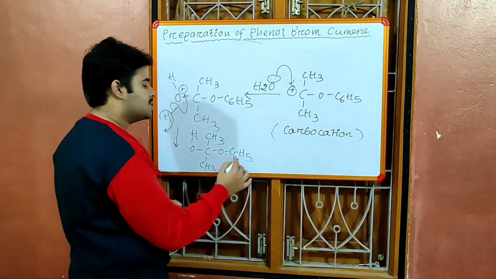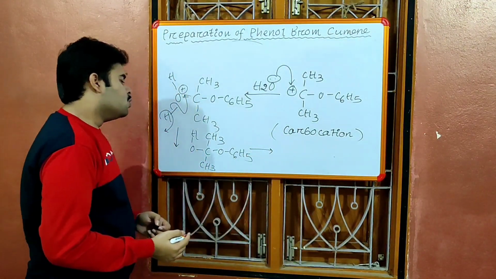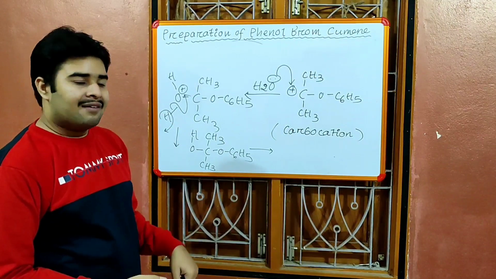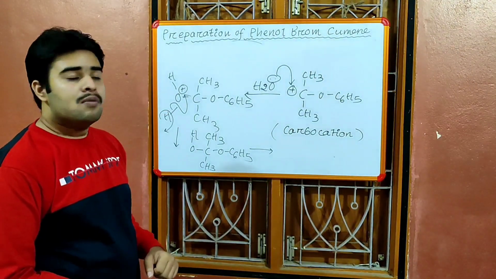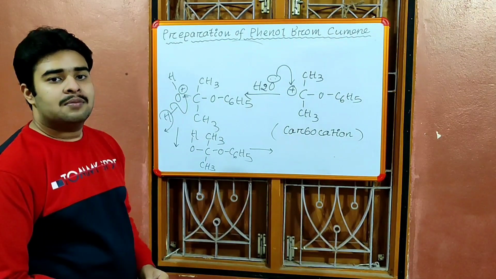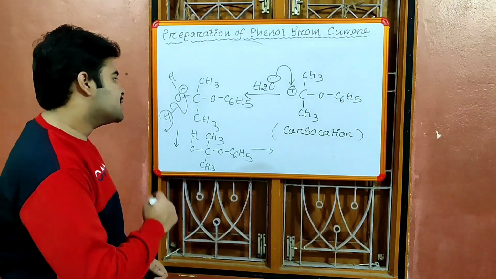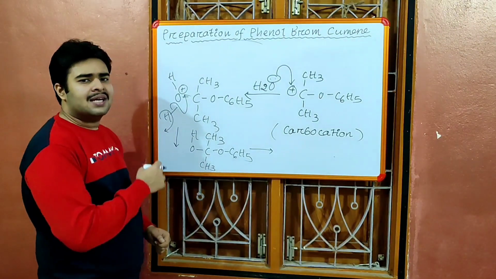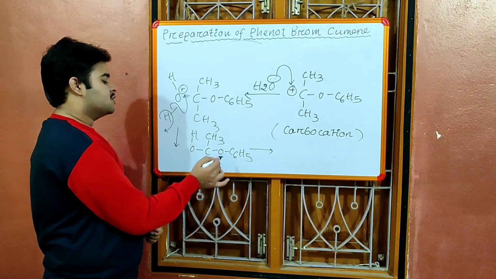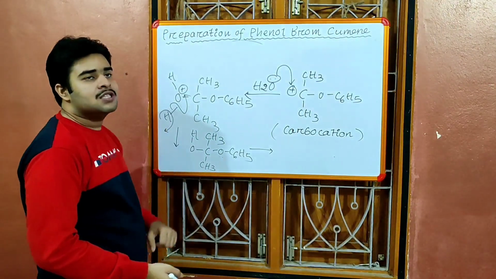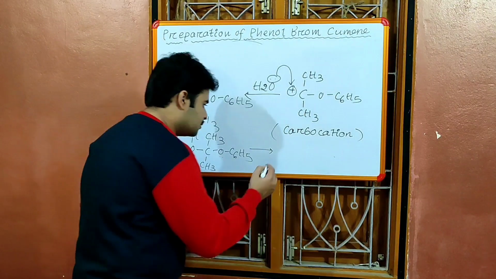So our next product will be formed. In the next step, the proton is abstracted by someone, after which the bond pair of electrons moves towards the positive charge bearing oxygen atom to neutralize the positive charge. So who abstracted this proton? This oxygen atom has abstracted this proton. So what will be formed here?